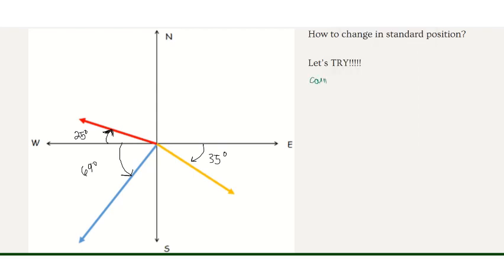Gagamitin natin is counterclockwise muna from the standard position. Counterclockwise. Clockwise. Basta, clockwise yan. Okay? So, let's use the red vector first. From the standard position, which is here, gaano siya kalayo? So, from the east, gaano siya kalayo dito?